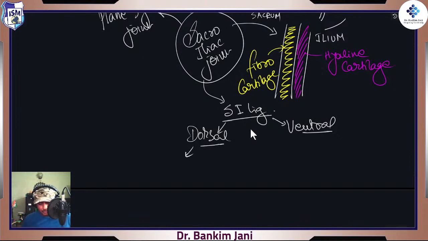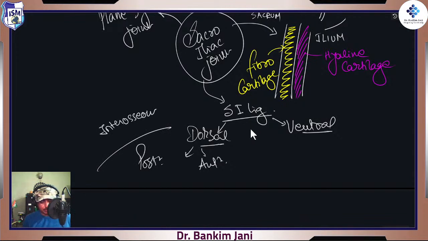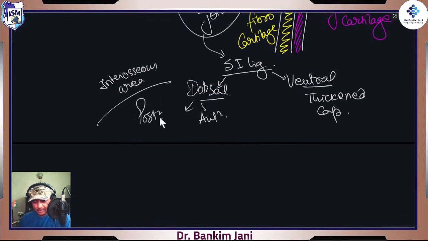There is a posterior component, there is an anterior component, and it covers that interosseous area. So that is all covered. Regarding the ventral part, this is nothing but just a thickened capsule.